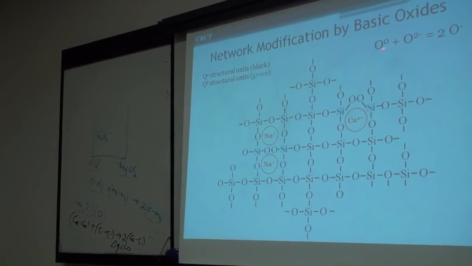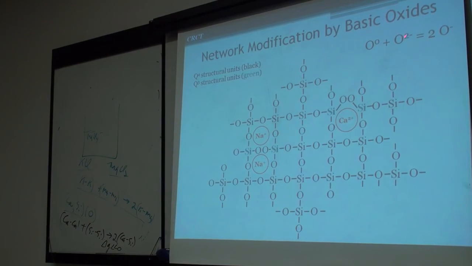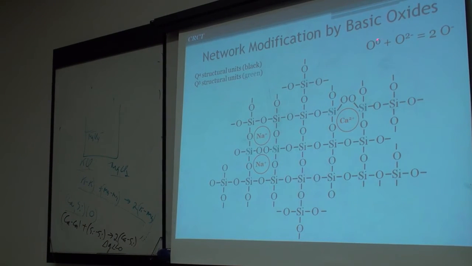It's the same thing. Okay, the O0 plus O2 minus forms 2O minus. You could think an O0 is really a silicon-silicon bond, and O2 minus would basically be, if there were two calciums, they'd be separated by an O2 minus, but there are hardly any of these because it's so far. And the O minus could be considered two calcium-silicon pairs.